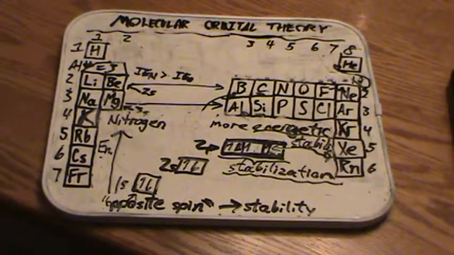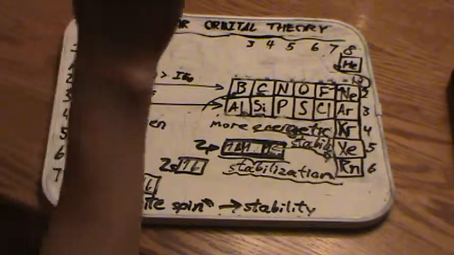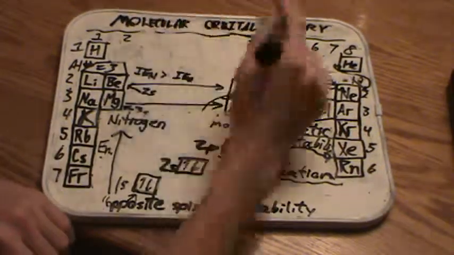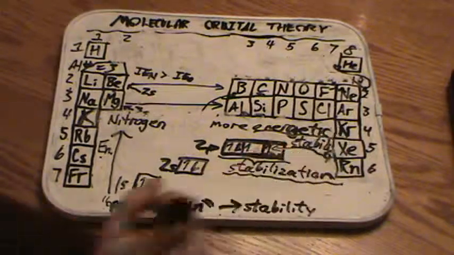Stability. And this represents the idea of which states of what we call ionization that different elements prefer to be in. And when we say prefer, we don't mean feelings, we mean energetically prefer. What makes them most stable?